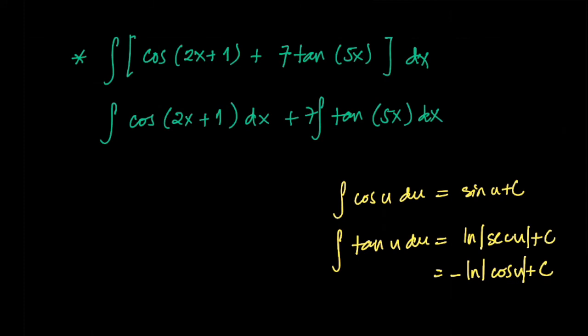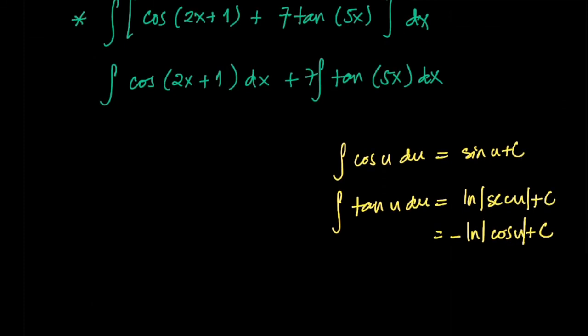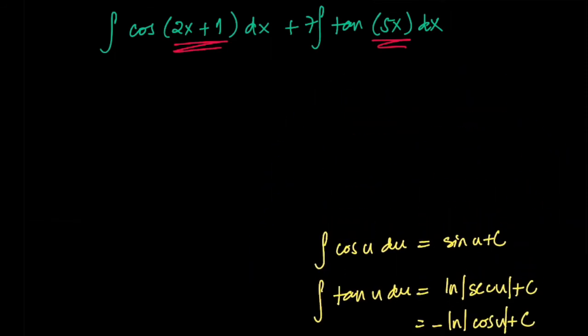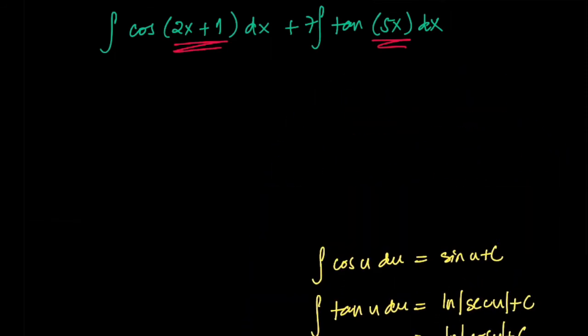So in this example, our u is very clear. Our u here is 2x plus 1. Here our u is 5x. So for the first case, if our u is 2x plus 1, our du is 2 dx.